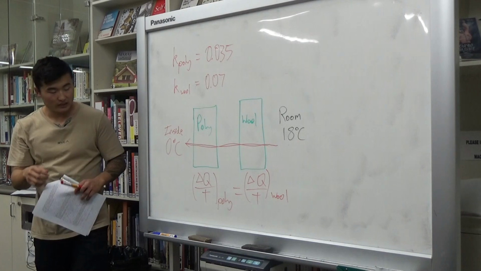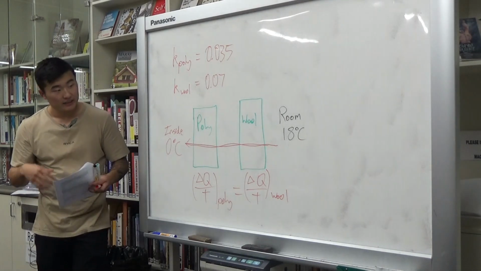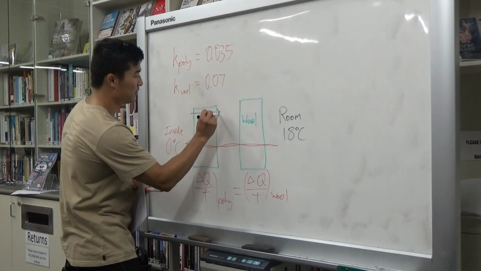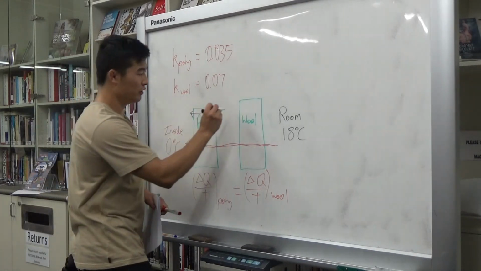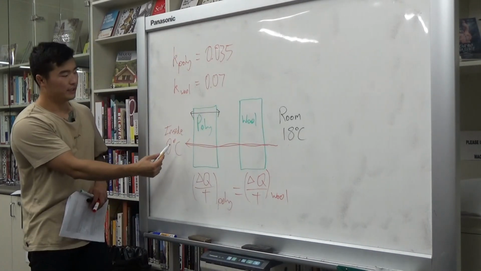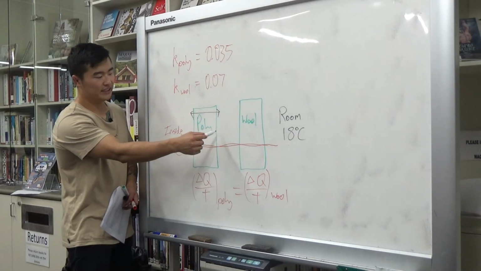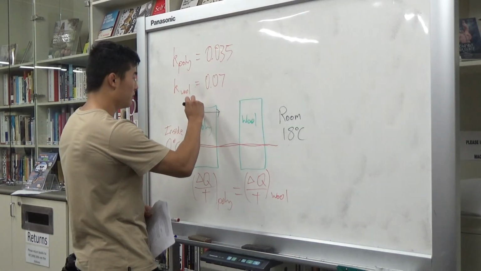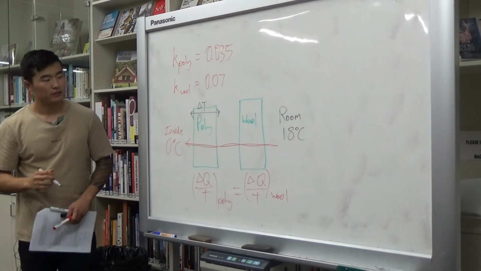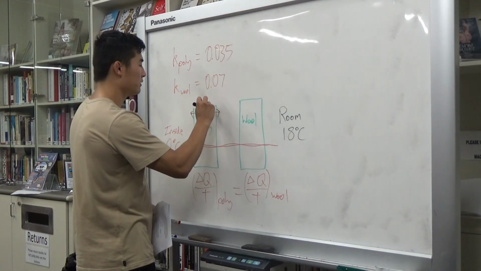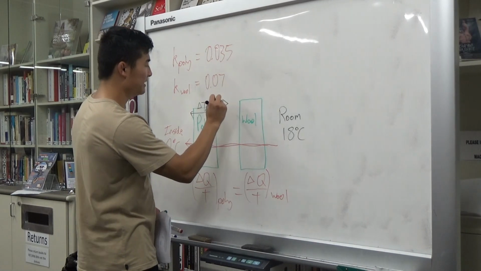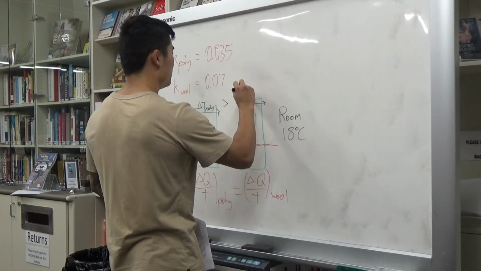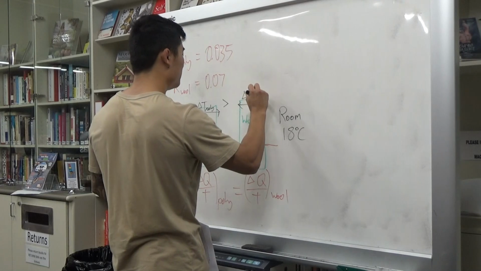Okay, and so what's the difference going to be? The difference is going to be the difference in temperature across this layer. So this side of the polystyrene and this side of the polystyrene will have a greater temperature difference. So the delta T of the polystyrene will be greater than the delta T of the wool.